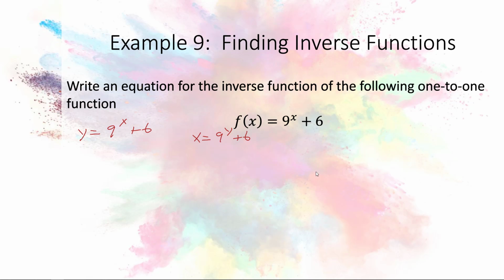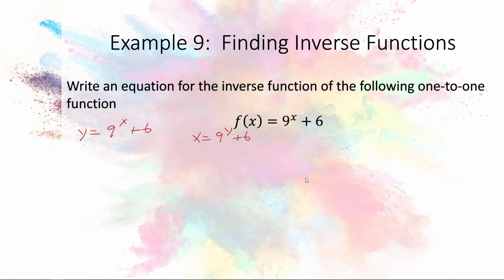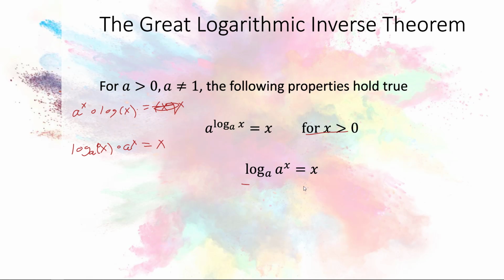And now we are going to solve for y, and we're going to use the inverse theorem as a tool to solve for y. First, we're going to get the exponential term by itself, and that would basically be 9 to the y is equal to x minus 6. And then we are going to apply this.